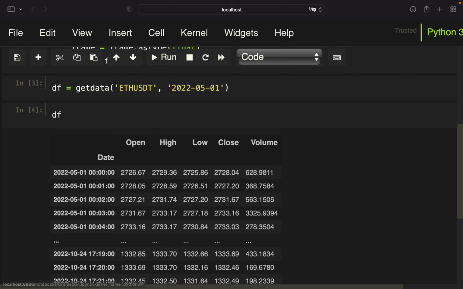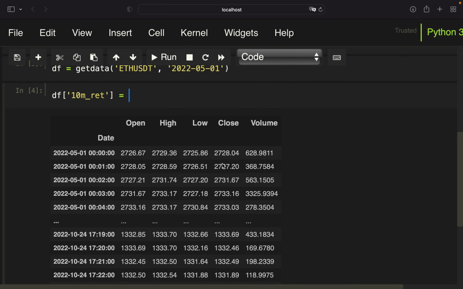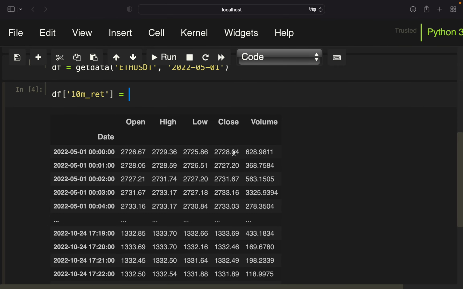Anyhow, so first of all, we are going to calculate the 10-minute return for our strategy. Therefore, I'm just adding a column here, 10-minute return. And what I'm going to do is simply take the close values and divide them by the close value 10 rows before. So for the first 10 rows here, it doesn't make any sense, right?